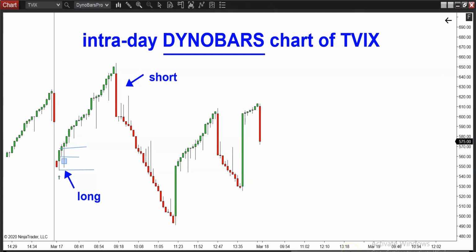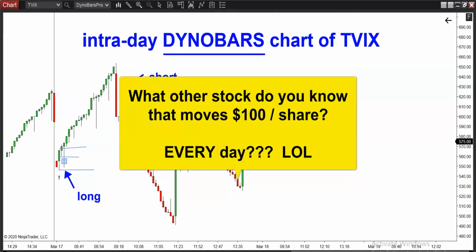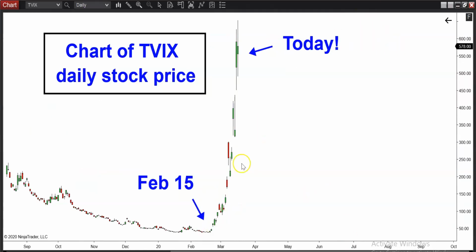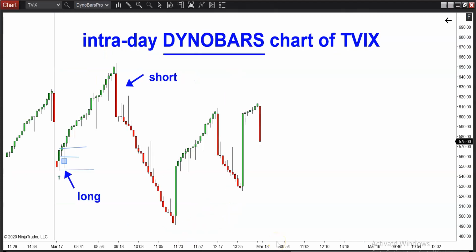You guys get what I'm saying? I'm not aware of any other stock at all. Tesla, Apple, Facebook, Amazon, nothing even comes close to the moves that printed today on the TVIX, and the moves that have been printing almost every day for the last few weeks. $100 a share. Even as I say that, I'm having a hard time believing it. But it's true, man. That was the long signal today.